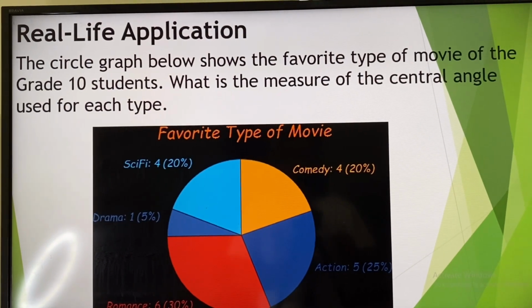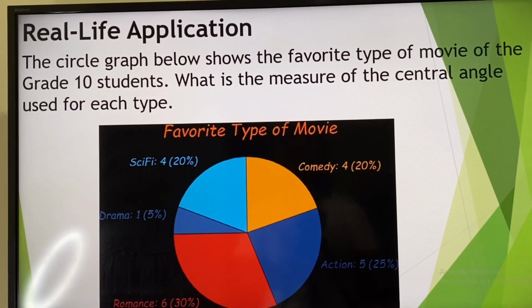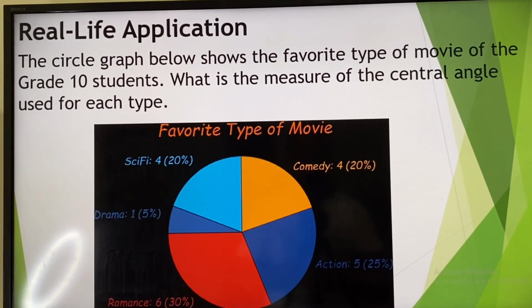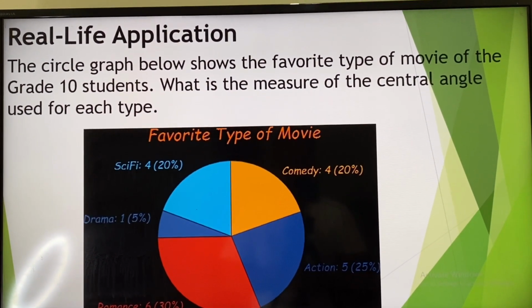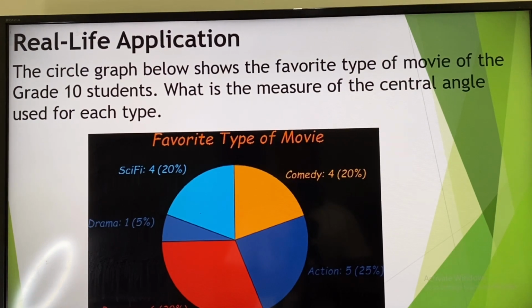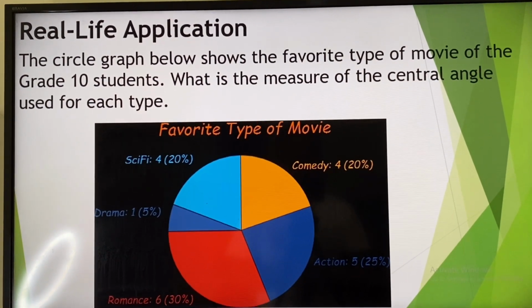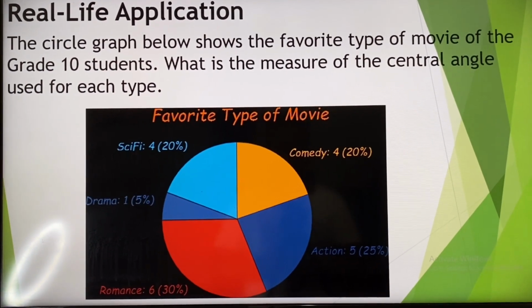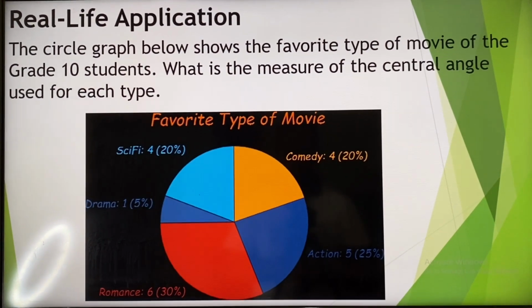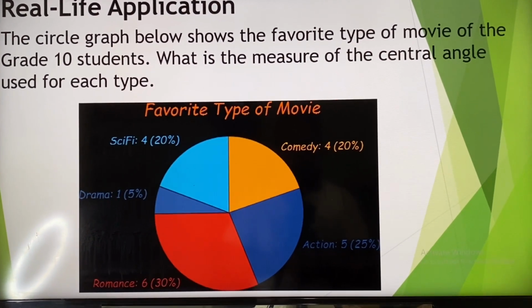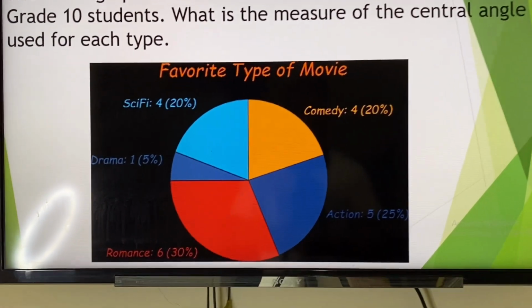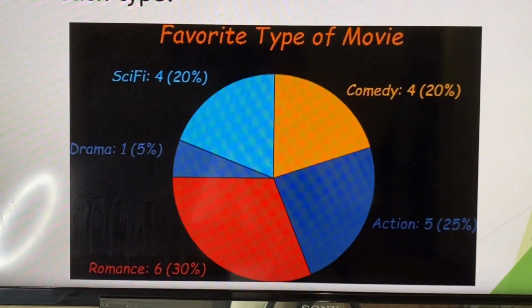So our next slide is the real life application of our lesson. The circle graph below shows the favorite type of movie of the grade 10 students. What is the measure of the central angle used for each type? Look at the illustration.